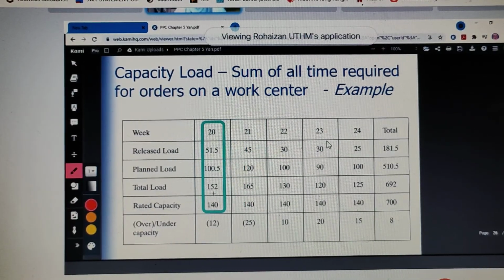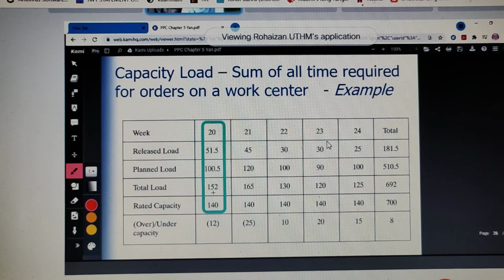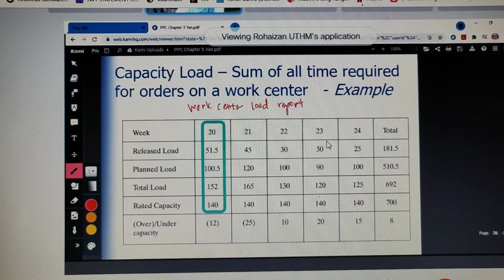This is actually the work center load report.